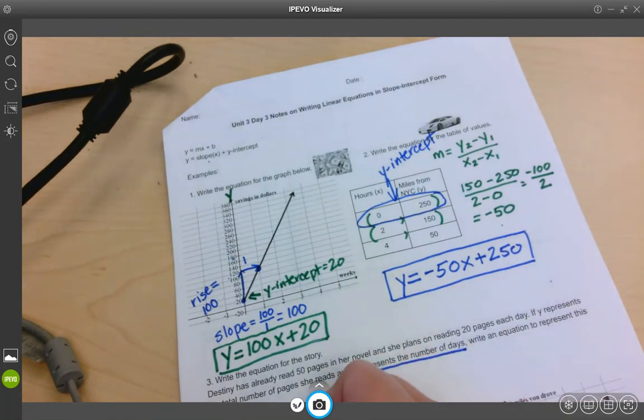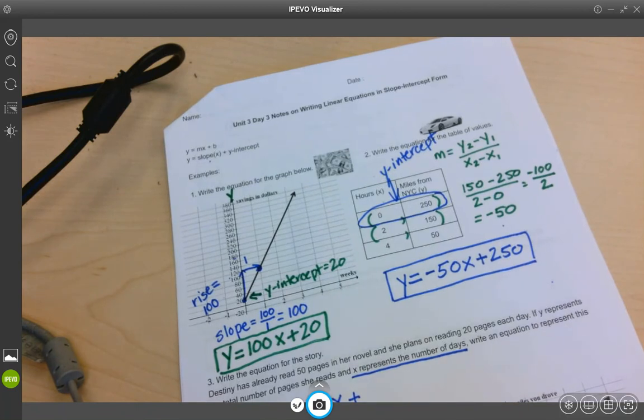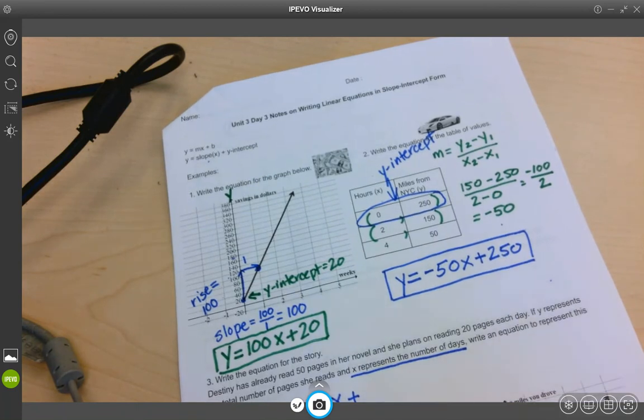So we know it's going to have a Y equals, and it will have something times X plus something. I want you to take a minute and look at the numbers provided and think about which one would make sense to multiply times the x, the days, and which one would make sense to be the number that's just added because we already had that.